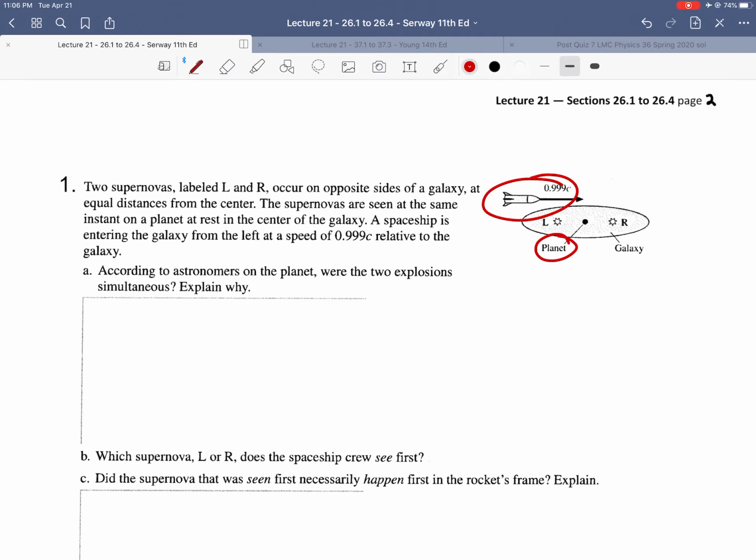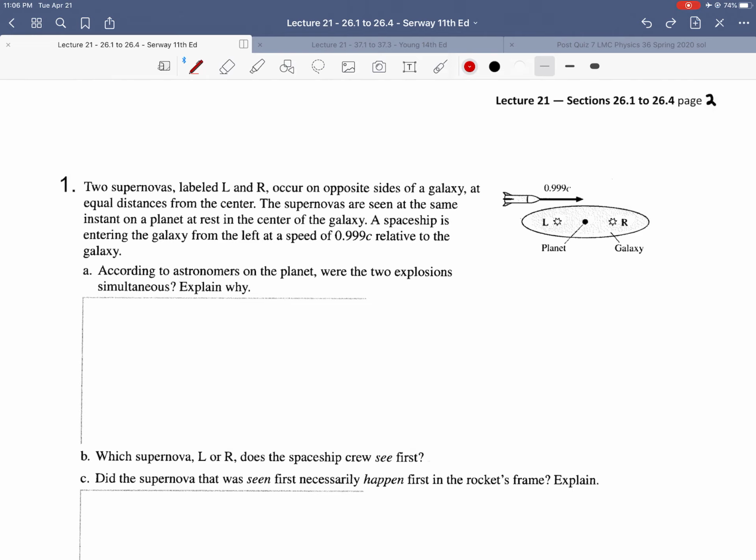A spaceship is entering the galaxy from the left at a speed of 0.99 c, relative to the galaxy, of which the planet is part. According to the astronomers on the planet, were the two explosions simultaneous?